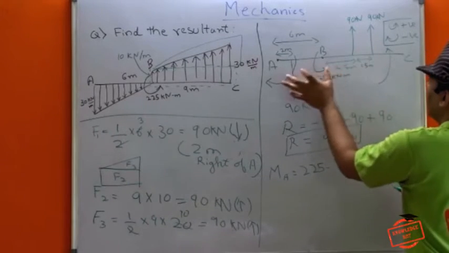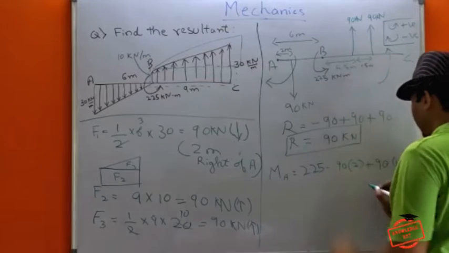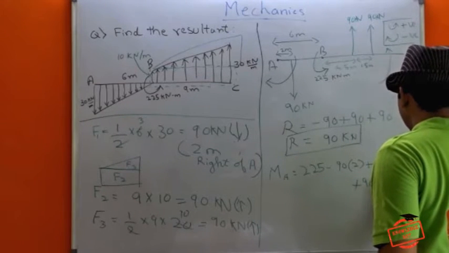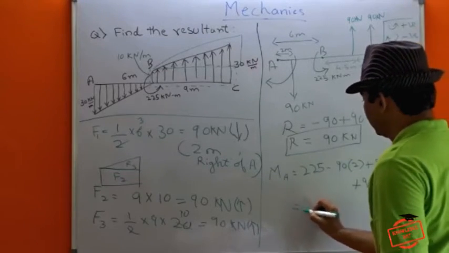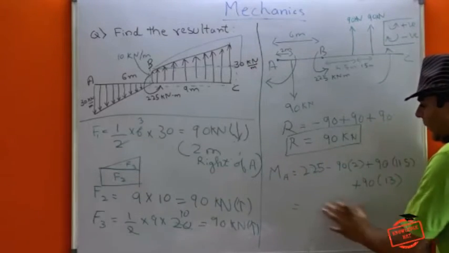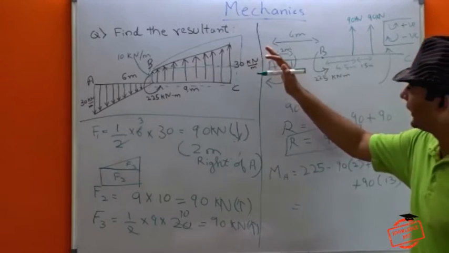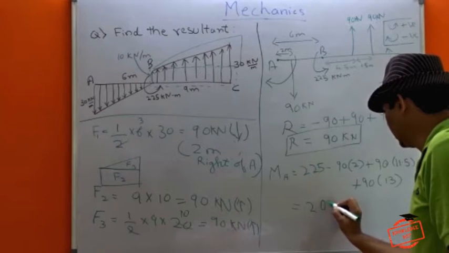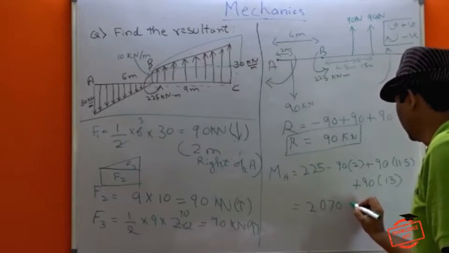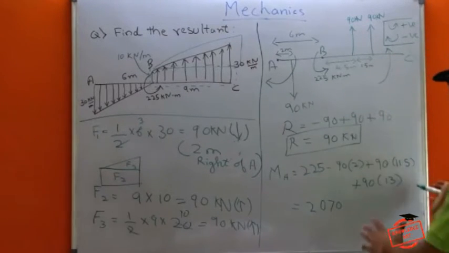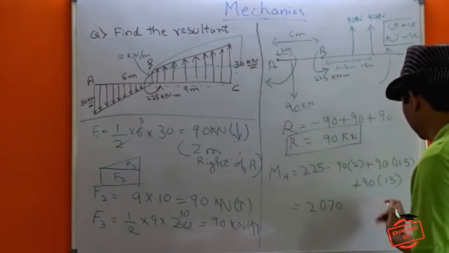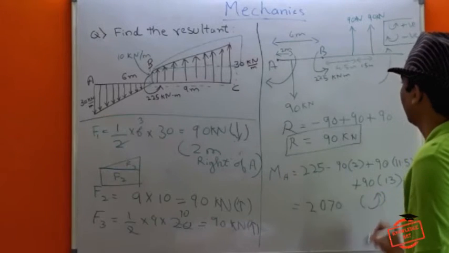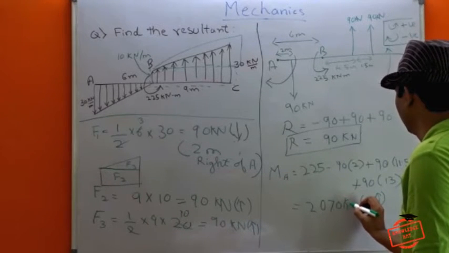And for this force, an addition of 1.5, so this will be plus 90 into 30. So this will be our overall moment about point A, and this will give us a value of 2070. Also, the value comes out to be positive, so this indicates that our moment is in anti-clockwise direction. The unit is kilonewton meter.